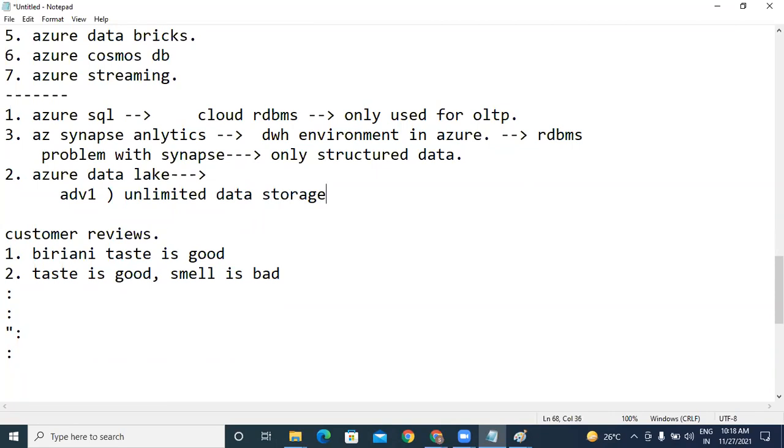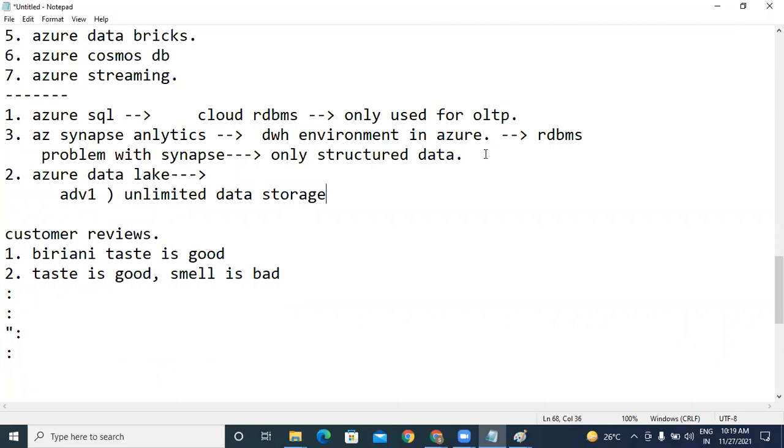What are the data volumes? Generally, how do you measure data volumes? MBs, GBs. 1024 GB is 1 terabyte, 1024 terabytes is 1 petabyte, and 1024 petabytes is an exabyte, then zettabyte.